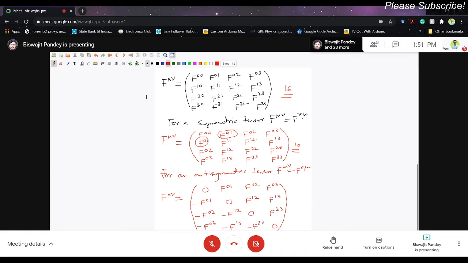So now you see we have only 6 independent components. You see 1, 2, 3, 4, 5 and 6, and these are the same values with a negative sign on the other side of the diagonal. So now we have only 6 components, but that doesn't guarantee that this will represent our electromagnetic field.